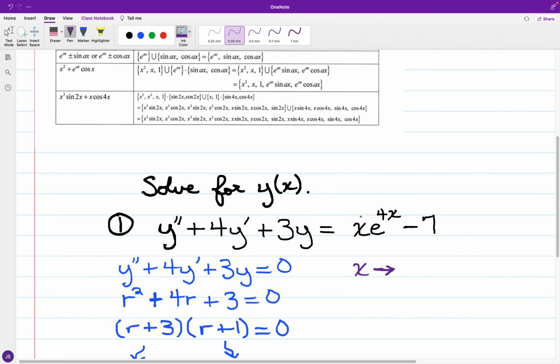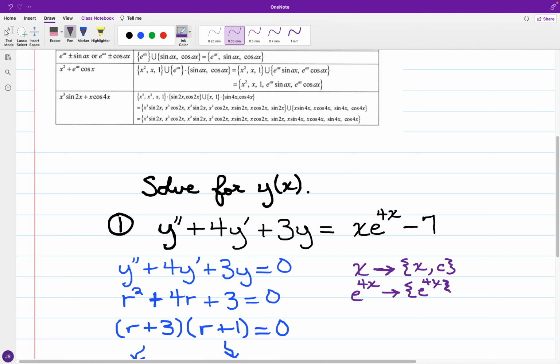And so for x, we have x and 1, or you could just say x and a constant. I'm just designating c for a constant. And for e to the 4x, I have e to the 4x.